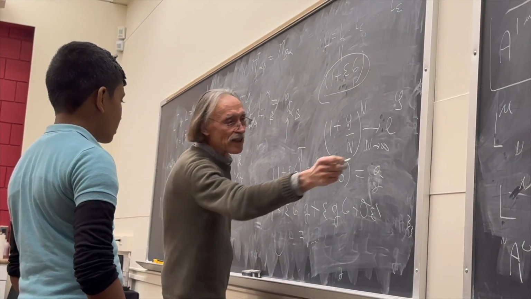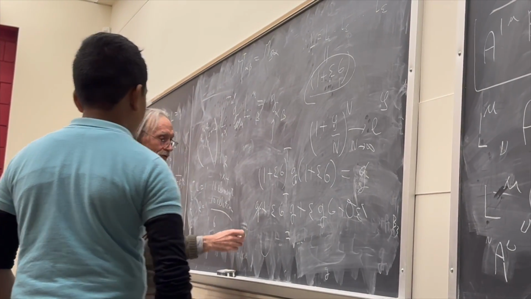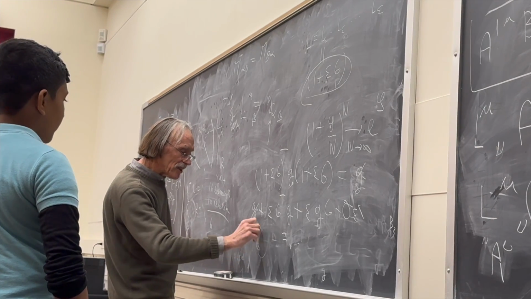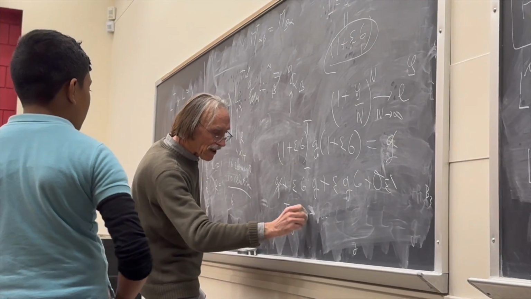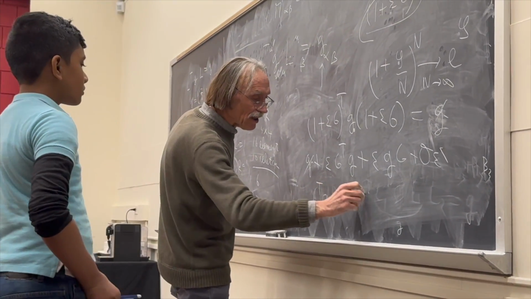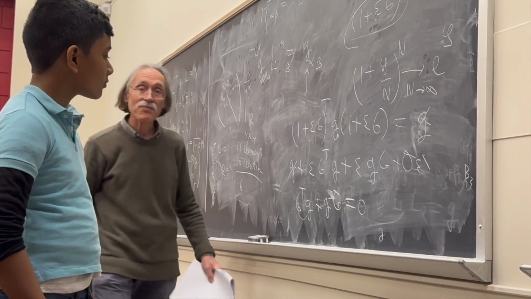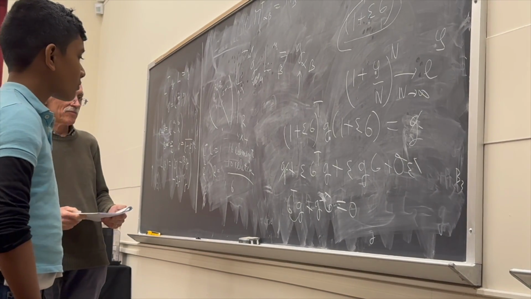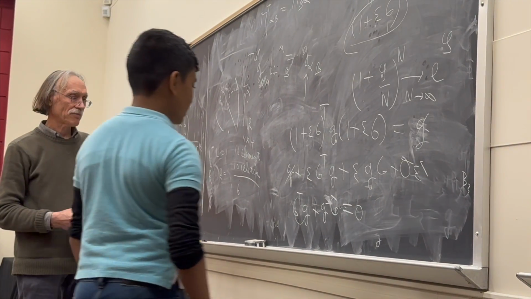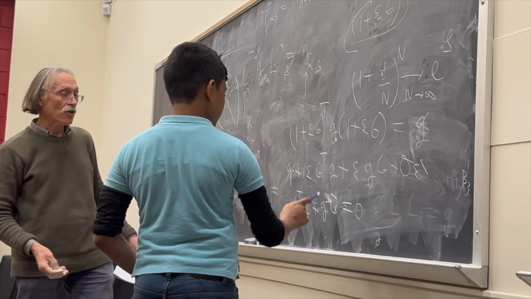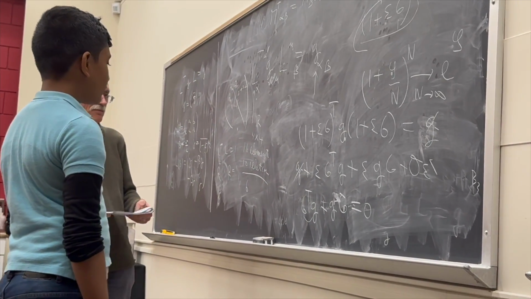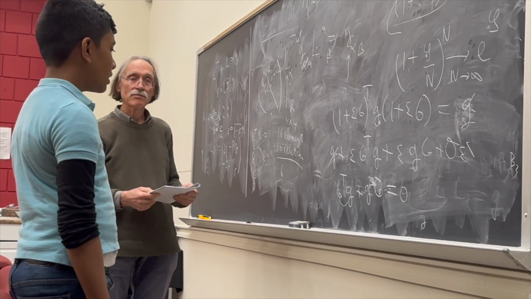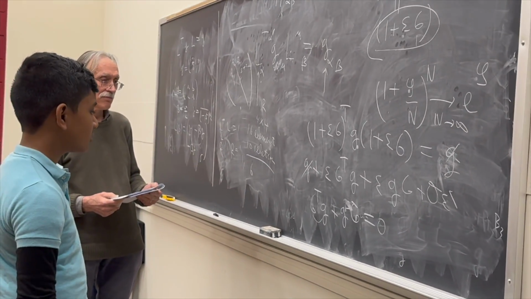So this drops out, and this is true for all epsilon. So we see that Z transpose G plus G Z is equal to 0. Only this one is transpose. So Z transpose G plus G Z is equal to 0? Yeah.